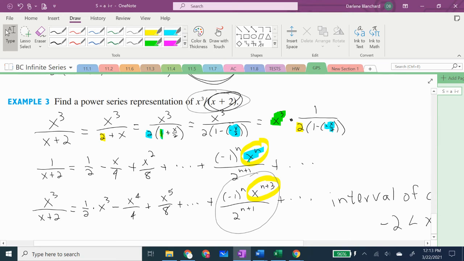Now, there is one thing that I did not say at the end of example 2 that you can see a little bit of the writing down here, interval of convergence. And actually, before I go back to that interval of convergence, let me ask you a question.